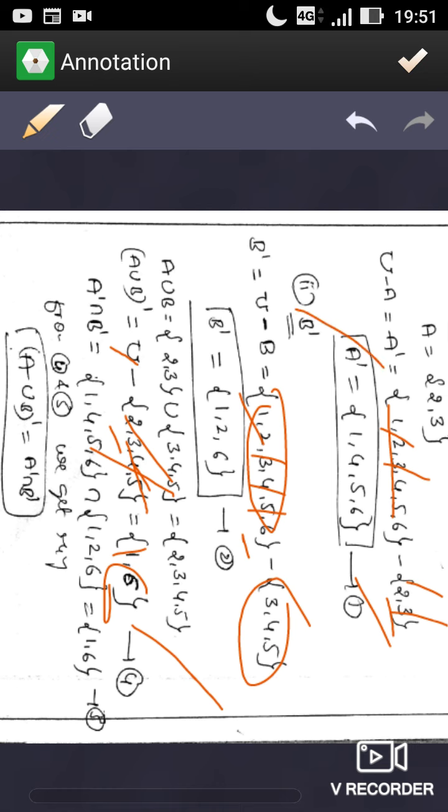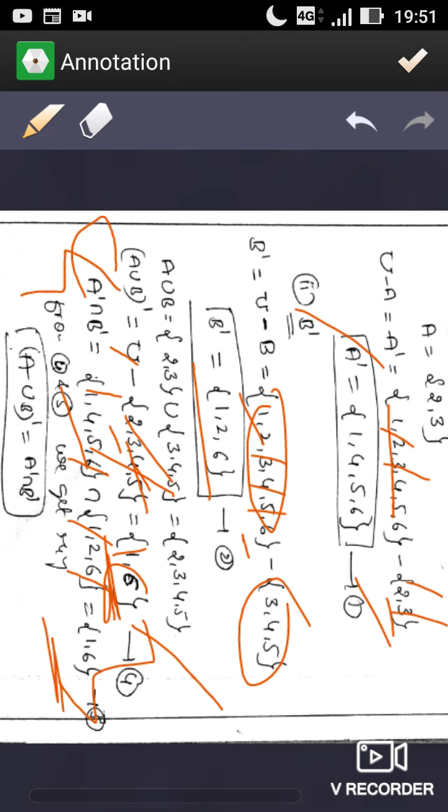Already we know A complement is 1 4 5 6 and B complement is 1 2 6. Their intersection means we take the similar elements. 1 is similar, 4 is not there, 5 is not there, 6 is similar. So we get 1 and 6, and here also 1 and 6.